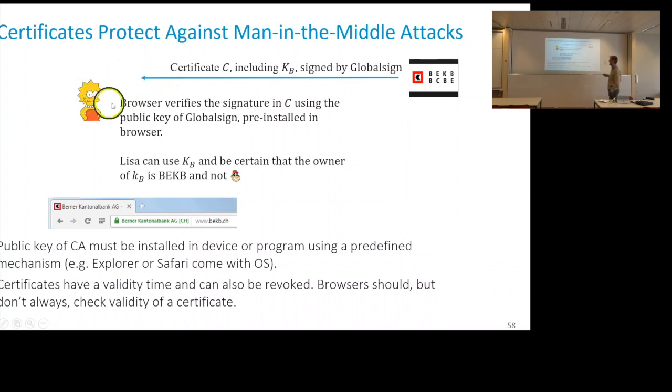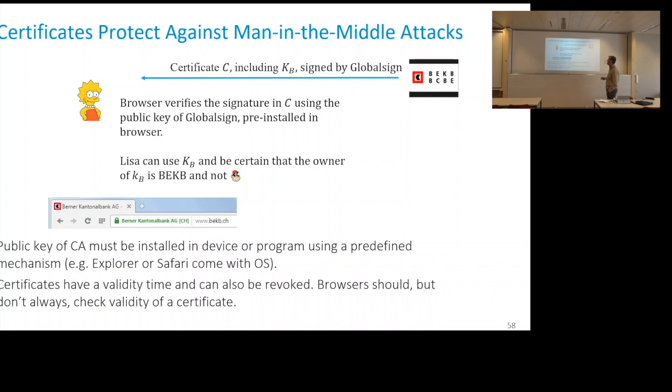For example, here, when Lisa now talks to the bank, she gets a public key through a certificate from the bank, and she can verify by using the public key of GlobalSign that this is indeed the correct public key of the bank.